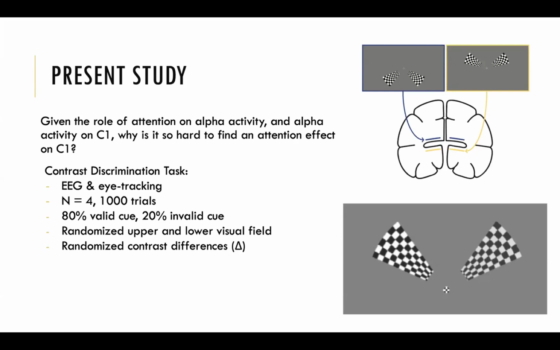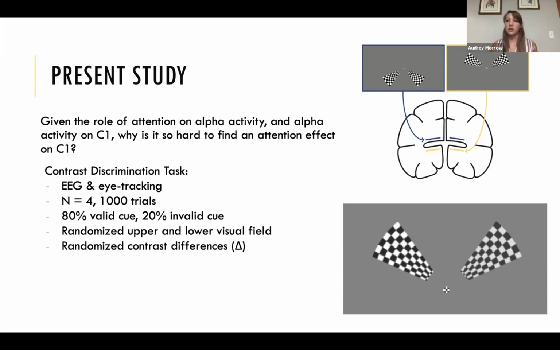So the right wedge was a standard at 80% contrast, and then the left wedge would vary plus or minus up to 20% contrast difference, but most of them were pretty close to the 80% contrast. The stimuli that we used were taken from the passive viewing study.